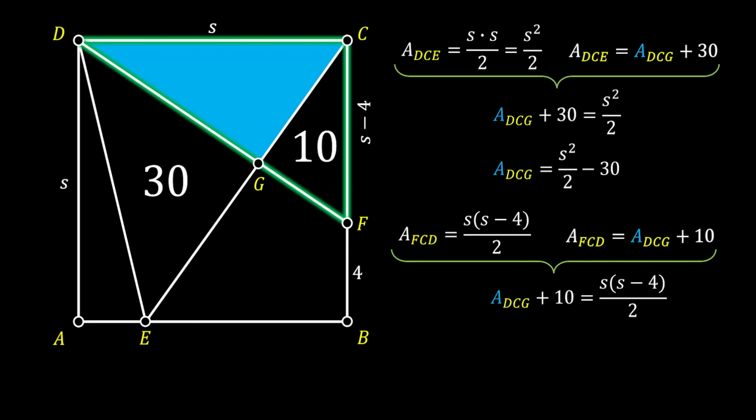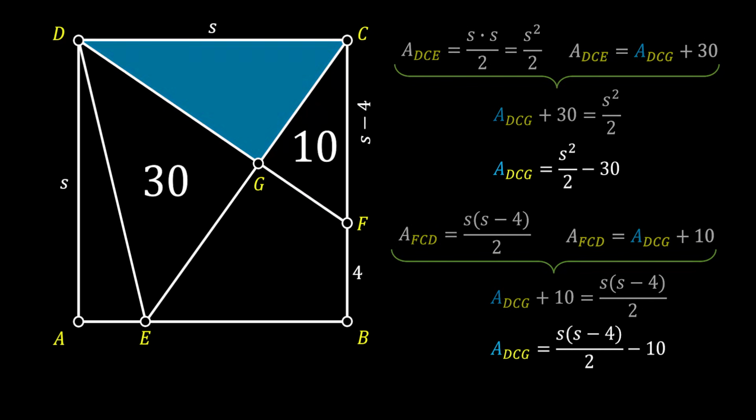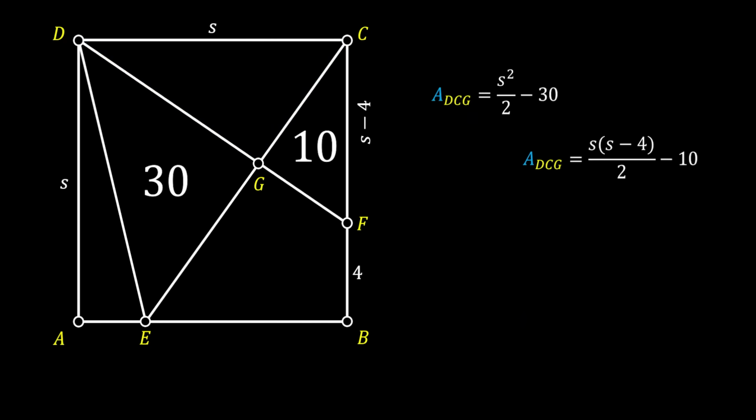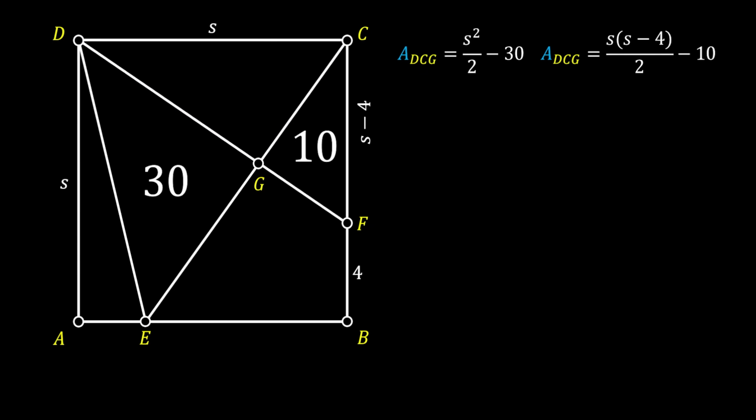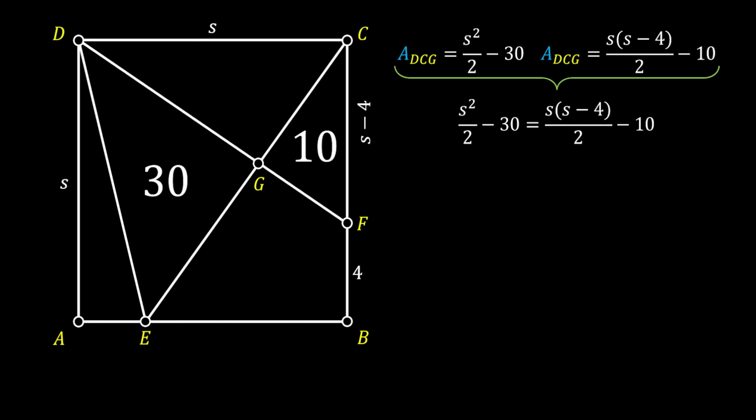From this we can conclude that the area of the blue triangle is equal to S times the quantity of S minus 4 over 2 minus 10. Alright, so now let's grab those two equations. And you can see that both of them represent the area of the same triangle, DCG. So we can say that they are equal to each other.